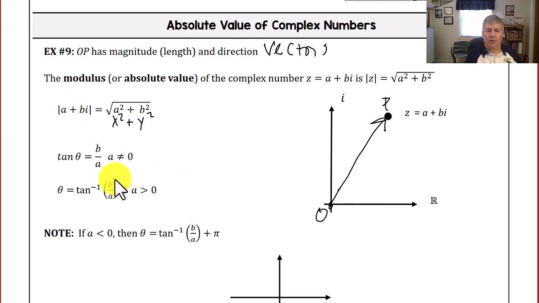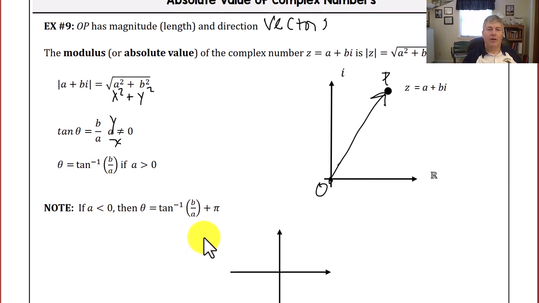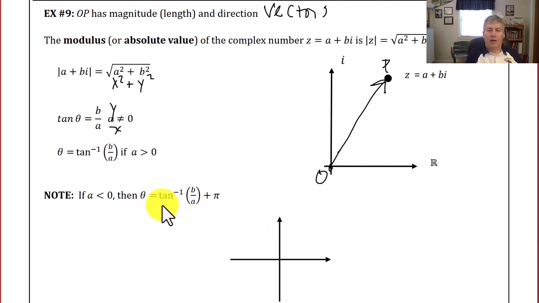Equals r squared. So tangent of theta is b over a, or if you will, y over x, its slope. And theta is equal to the arctangent of b over a, if a is not equal to 0. So really, note, if a is less than 0, then our arctan will have to move quadrants.